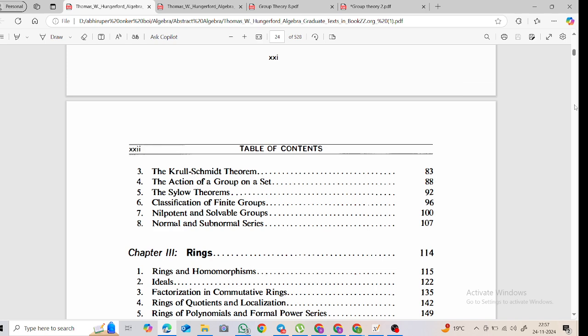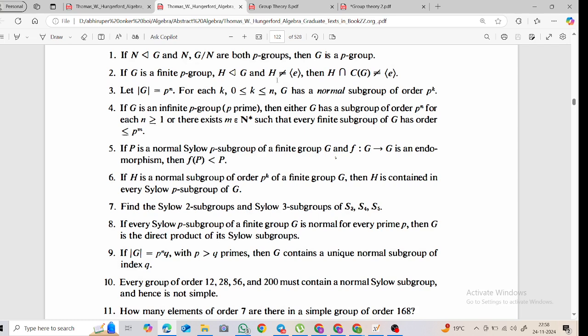I'm thinking as well. So, finite group. So what about, just a minute, where did the pen go?